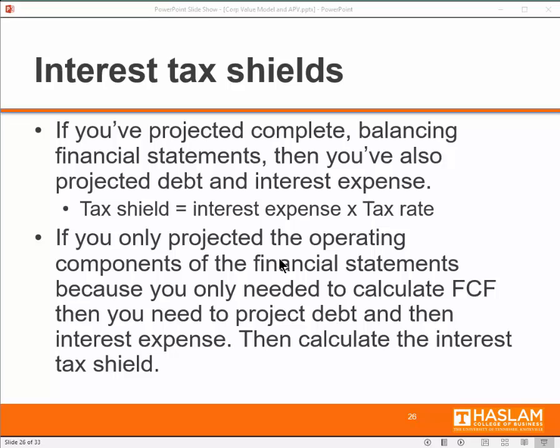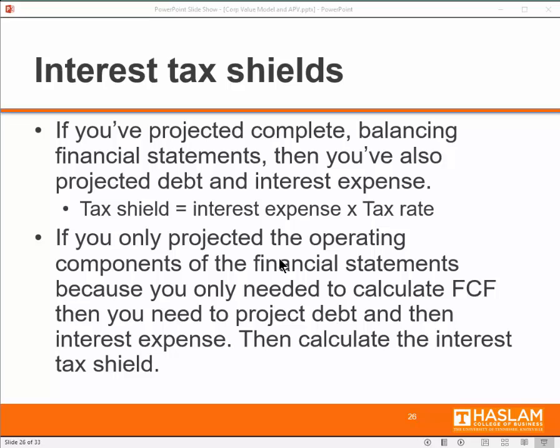Frequently, financial statements don't have a separate line item for interest income and a separate line item for interest expense. They actually net one against the other, and so they'll call it net interest expense, and it'll be interest expense minus any interest income that you've earned, so it's your net position. That is not what you want.